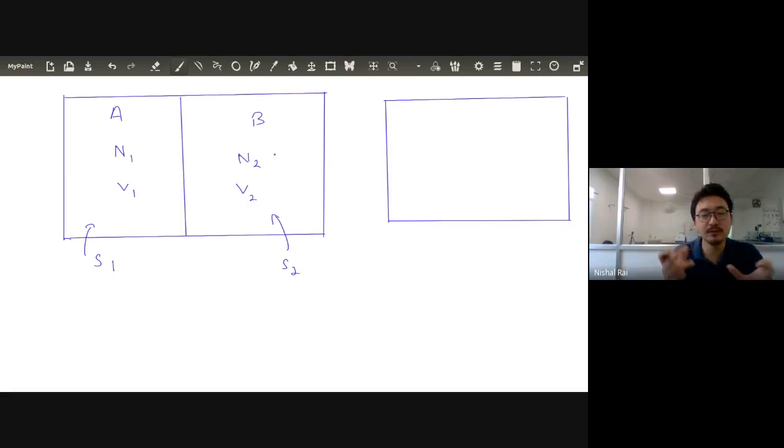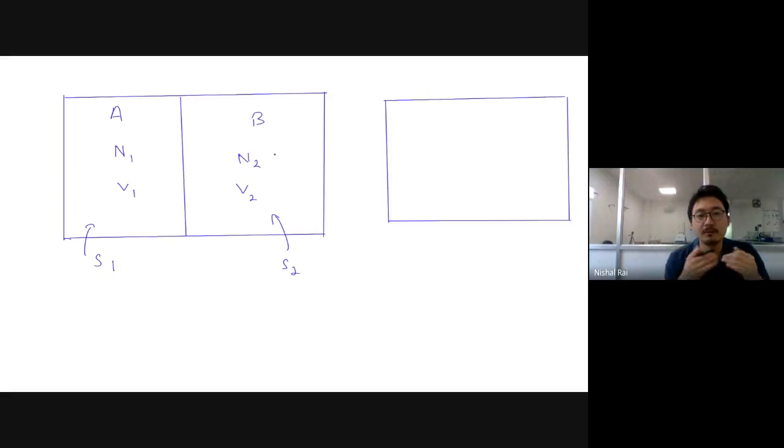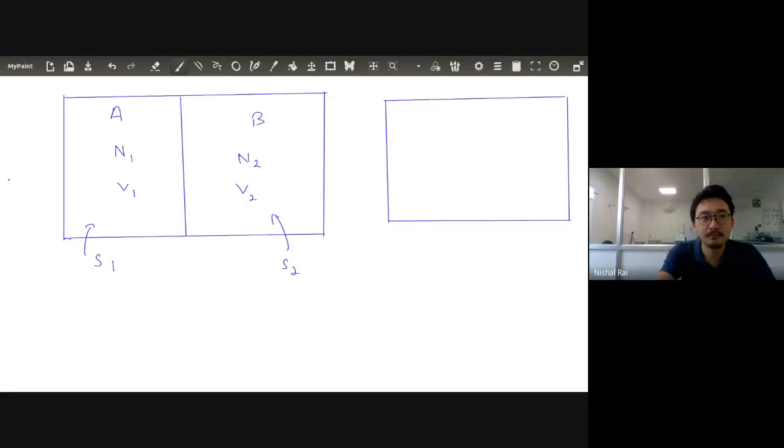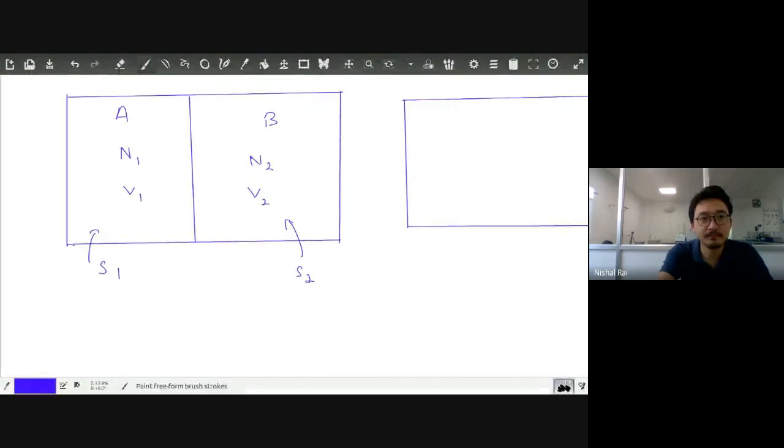You have two systems and you just open the compartment and allow the two gases to mix with each other. Will the entropy increase or decrease? Will the randomness grow or will it decrease? Is the question clear? I'm asking everyone.